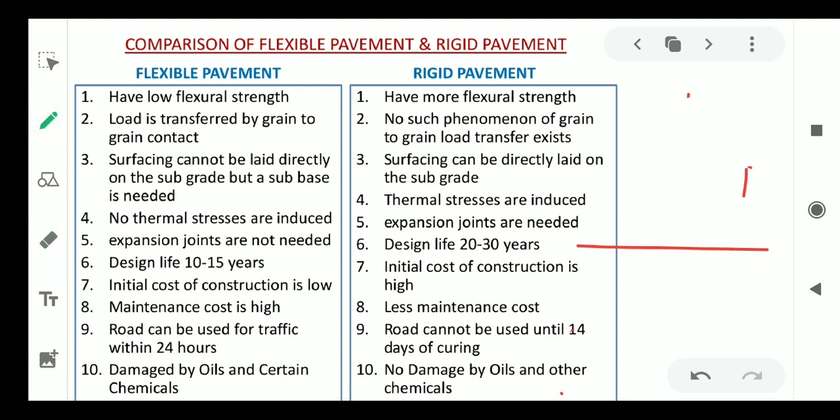Suppose a load is applied anywhere on the surface, either at the center, edge or corner of the pavement surface, the stress or intensity of this load is distributed uniformly, like a slab action.